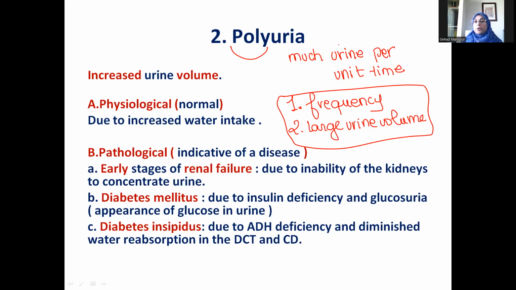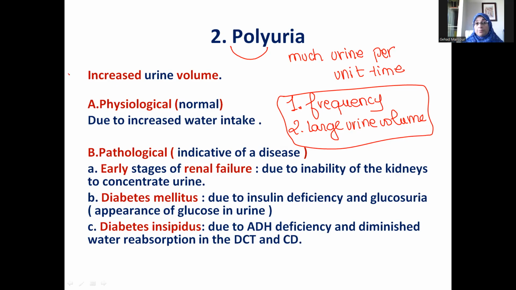So why would a person suffer from polyuria? We cannot say generally why, because sometimes polyuria is a physiological finding, meaning that it's not indicative of a disease, just like when you drink plenty of water.